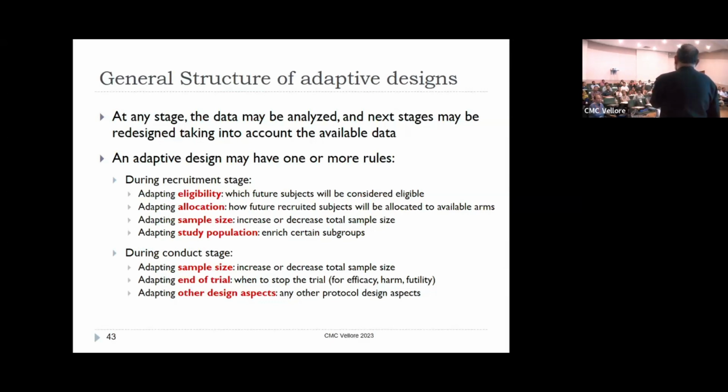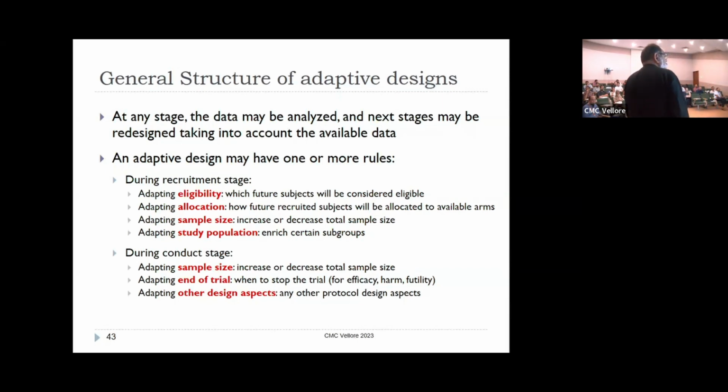I don't want people to have too much high blood pressure or too much this or too little of that, etc. So now I may adapt the eligibility to increase recruitment.